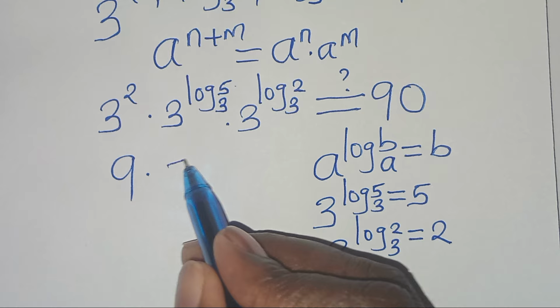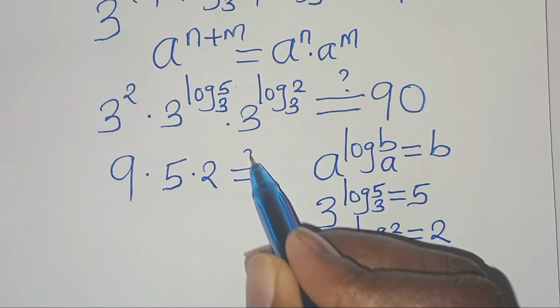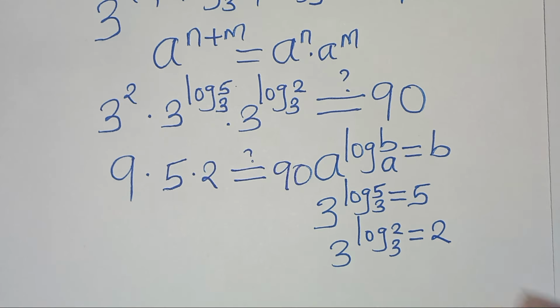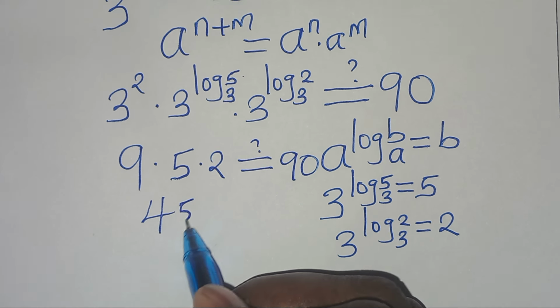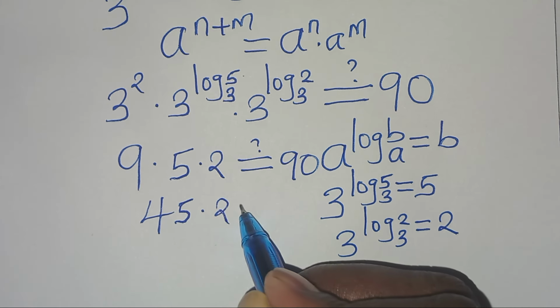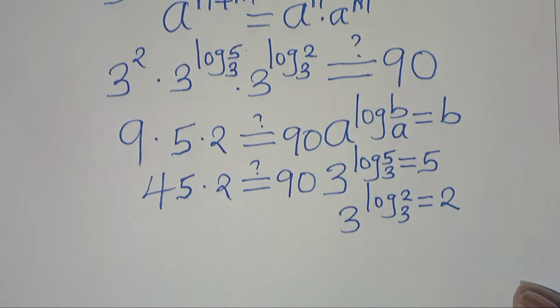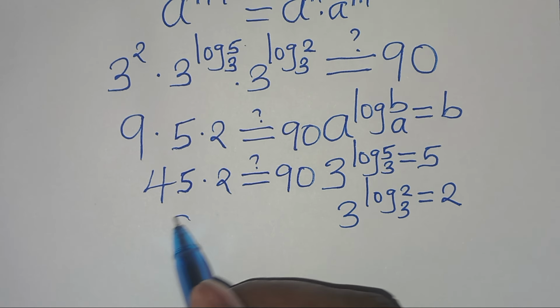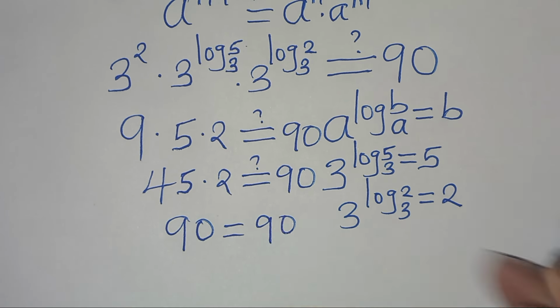We have 9 times 5 times 2. This is supposed to give us a value of 90. So 9 times 5 is 45, multiplying by 2. So 45 times 2 is 90, which is equal to 90.